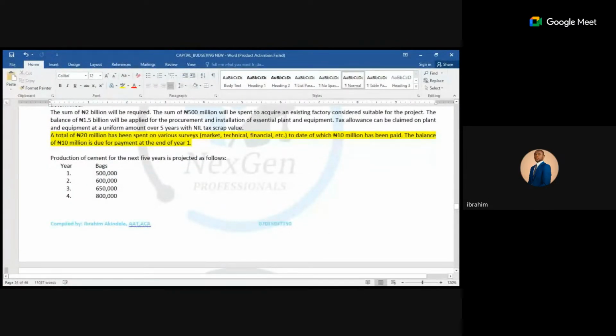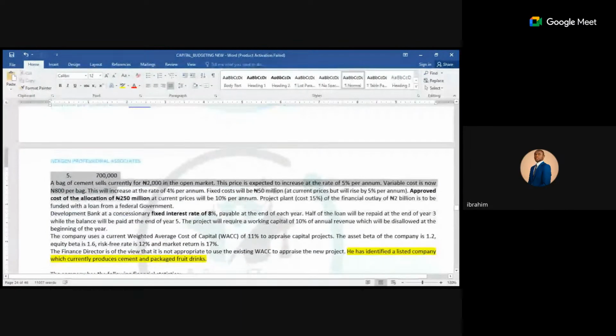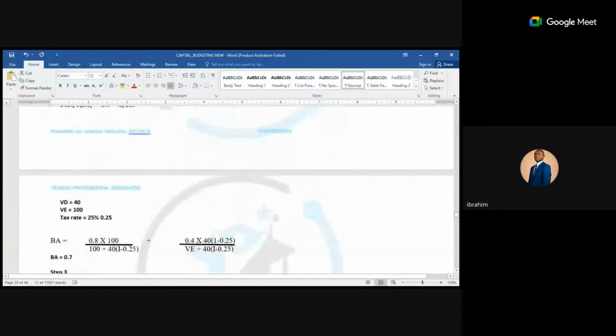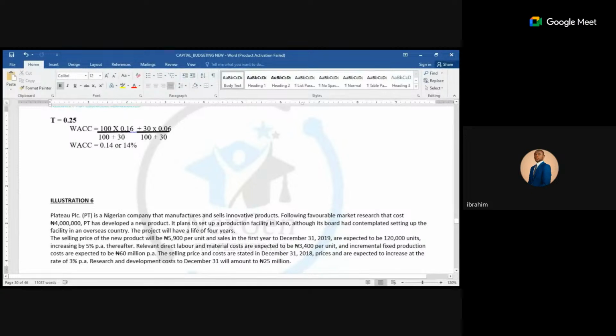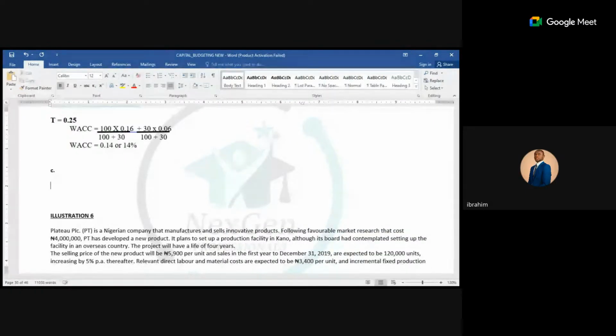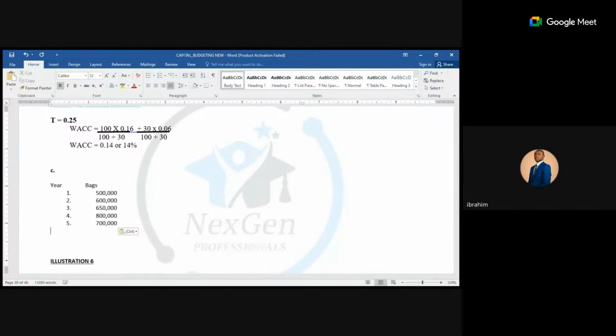Okay, just let me copy this. Selling price is 2,000 naira, and it will increase by 5%. So let's do the selling price adjustment.